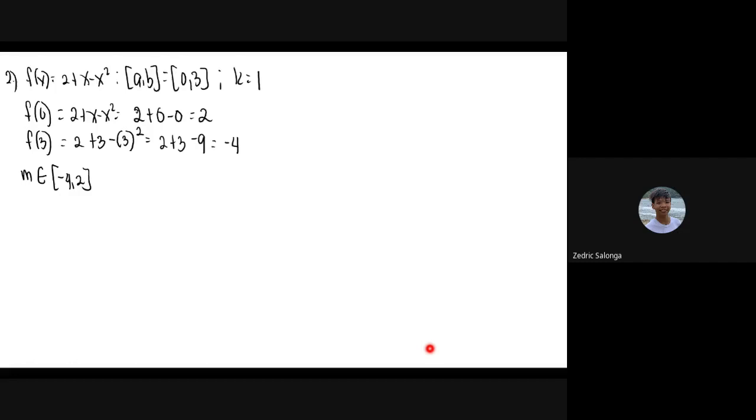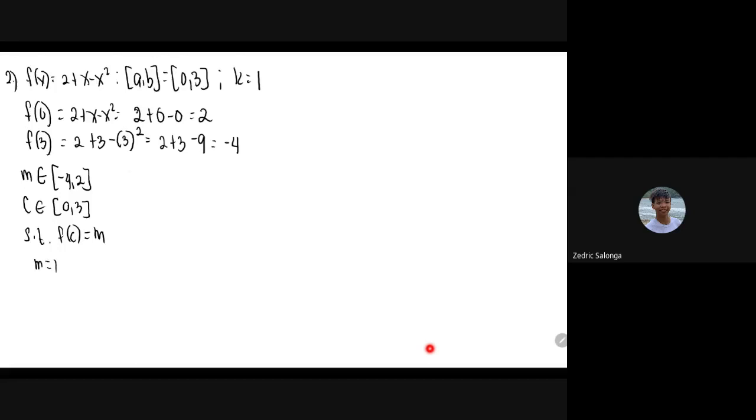Kasi yung ating a pala dyan ay 0. Hindi siya pwedeng isulat na 2, negative 4. Dapat negative 4, 2. Alam naman natin na yun yung domain and range lesson 101. The left side must be smaller than the right side. And then there is a C, which is an element of 0, 3, such that f of C is equal to m. And our m there is 1.